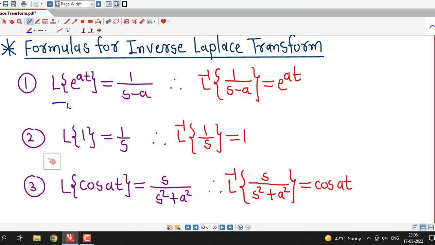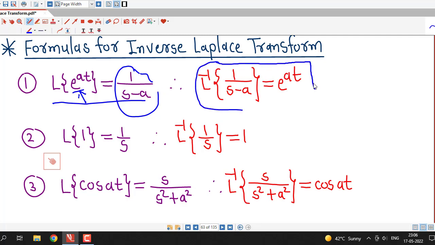We know that the Laplace transform of e raised to at is 1 divided by s minus a. Therefore this e raised to at is the inverse Laplace transform of 1 divided by s minus a. So we obtain this corresponding formula for L inverse of 1 divided by s minus a.